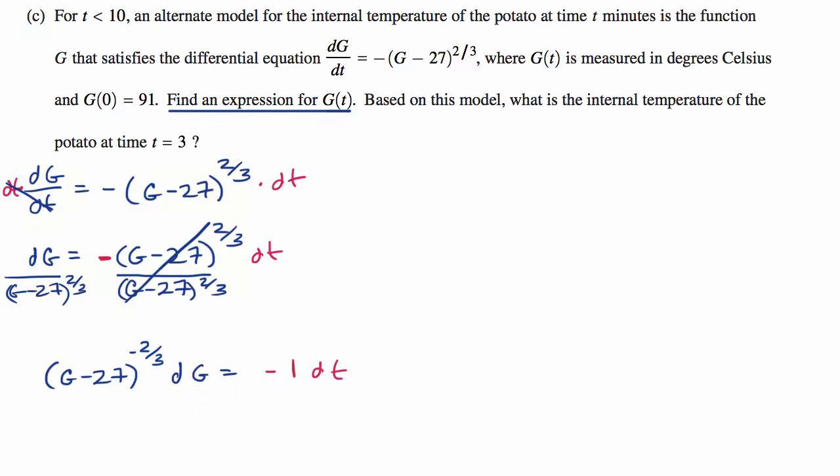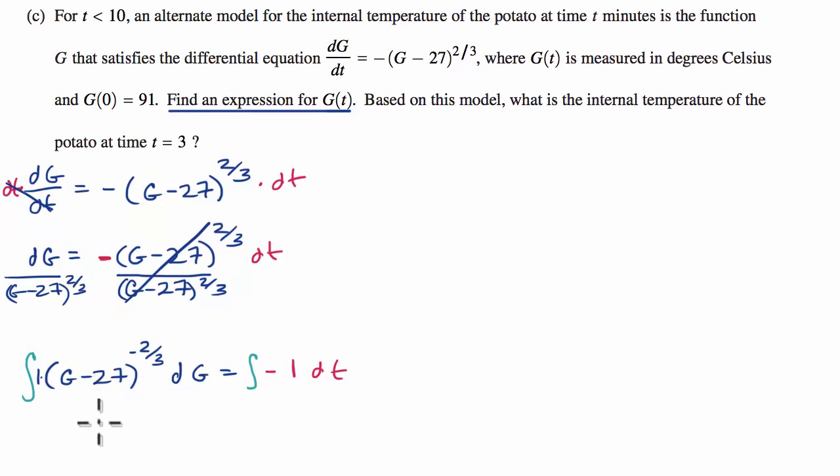So I'm going to integrate both sides here. On the left side, you could try to do some u substitution, saying u is equal to g minus 27, and then du would be dg. Or you might recognize that the derivative of g minus 27 is just equal to 1, so I could really integrate with respect to g minus 27 and just use the reverse power rule.